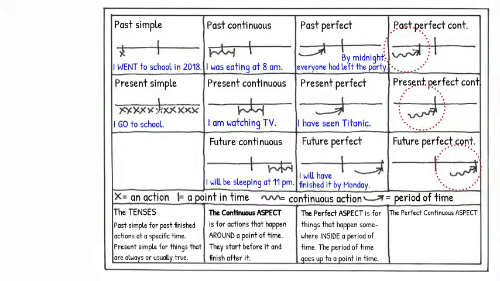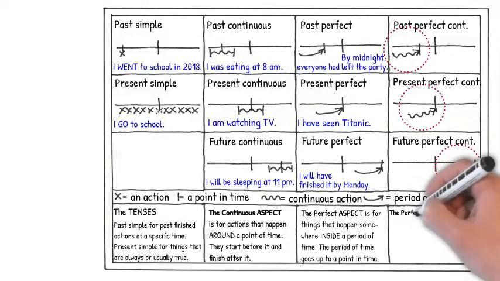Notice that the squiggly line from the continuous aspect is combined with the period of time from the perfect aspect. As the name tells us, the perfect continuous aspect is a combination of the continuous aspect and the perfect aspect.